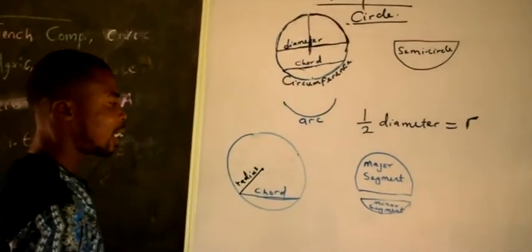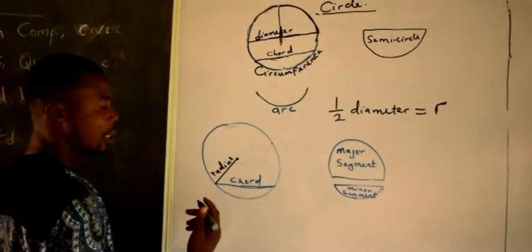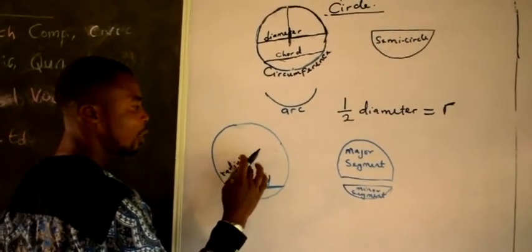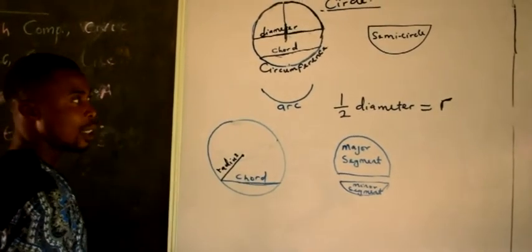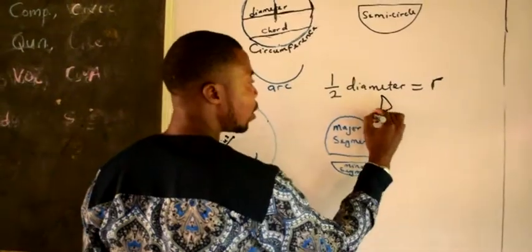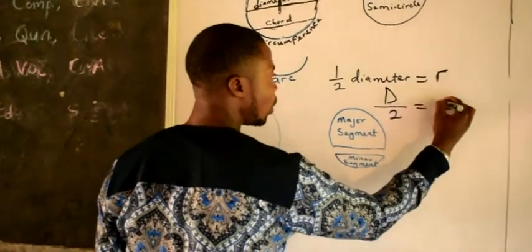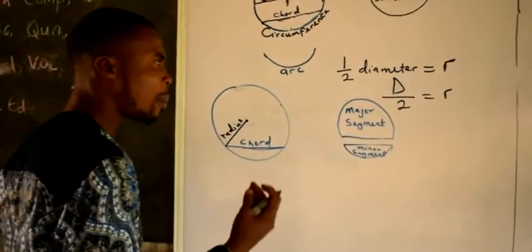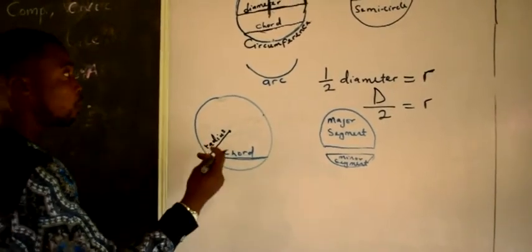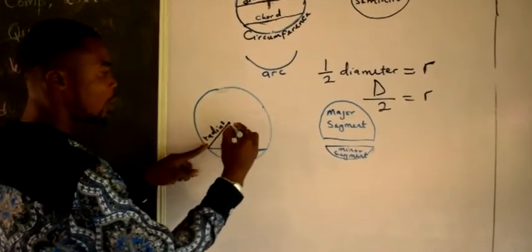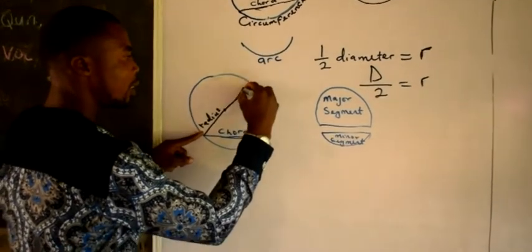That is why I said the radius is what we get when we divide the diameter into two. But how many radii will make a diameter? If we join another radius, it will go like this.